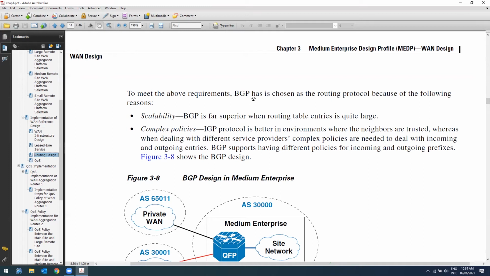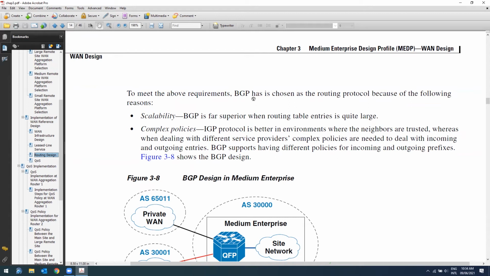Okay, complex policies. IGP protocol is better in environments where the neighbors are trusted, whereas when dealing with the different service providers, complex policies are needed to deal with incoming and outgoing entries. BGP supports have different policies for incoming and outgoing prefix.